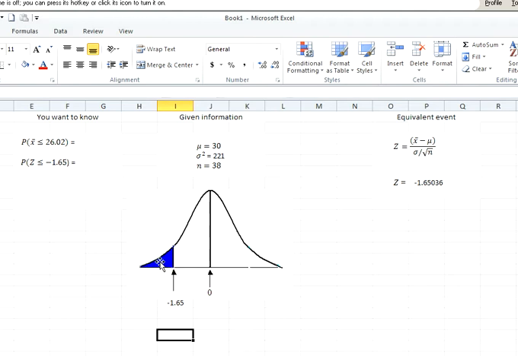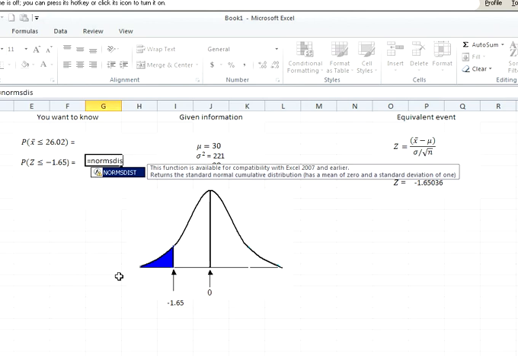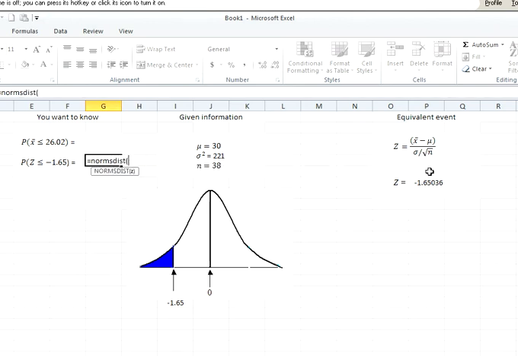The left-sided probability you can compute by using the NORMSDIST formula: equal to NORMSDIST of this number, negative 1.65, parenthesis closed. You can type that number also. So this is 0.049435. So this area is 0.049435.